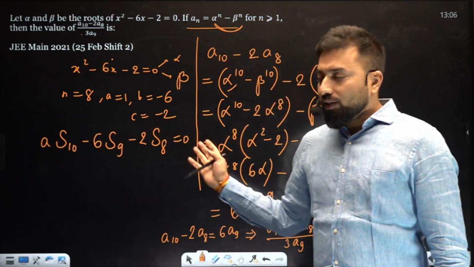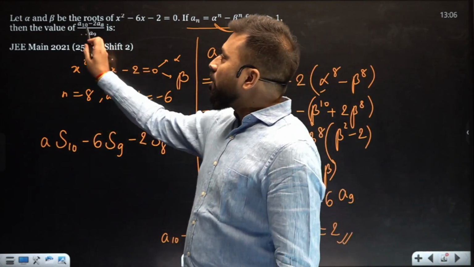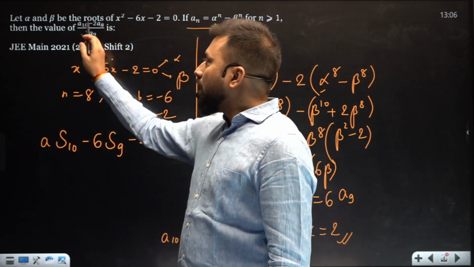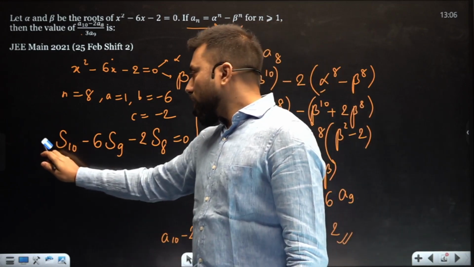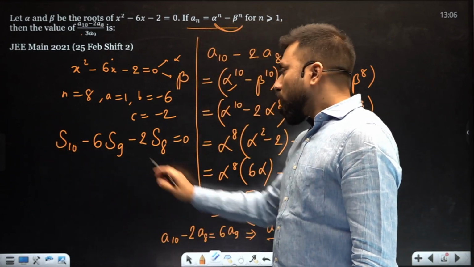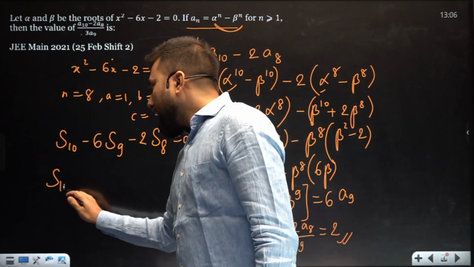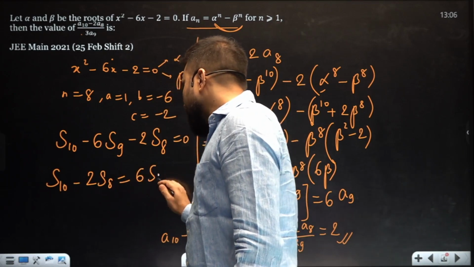This will be the expression according to Newton's identity. And so the value of C, A10 minus 2A8, right? A is 1 over here. I'll just erase this. So A10 is S10 over here, right? So I can find S10 minus 2S8 is equal to 6S9.